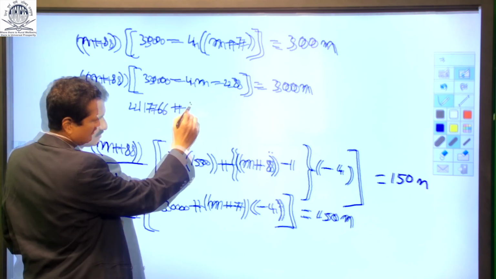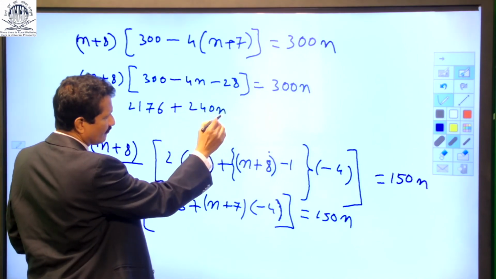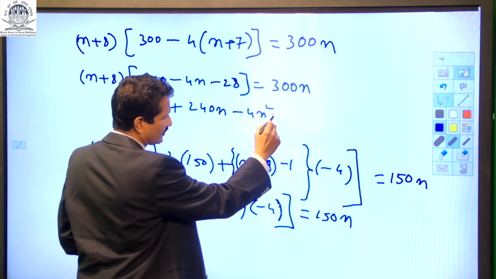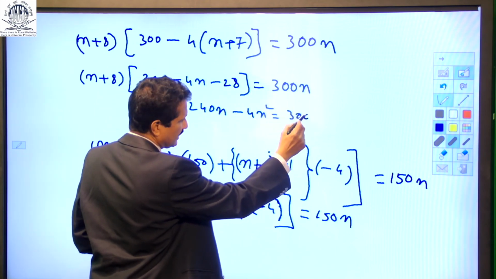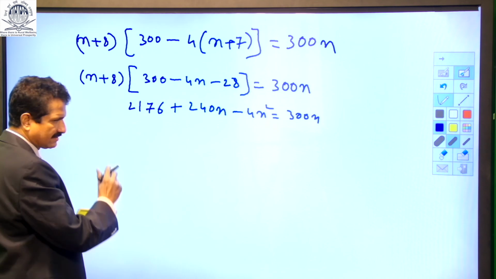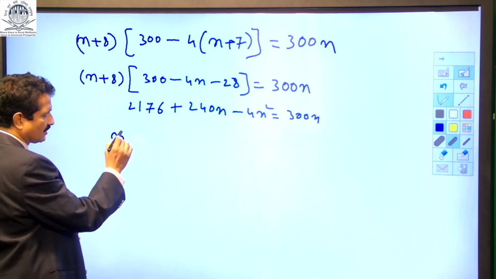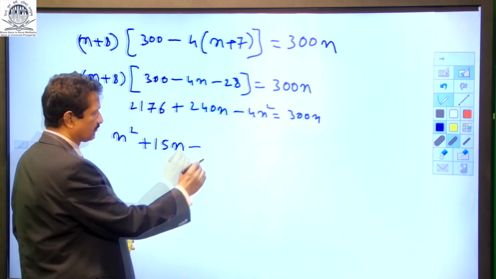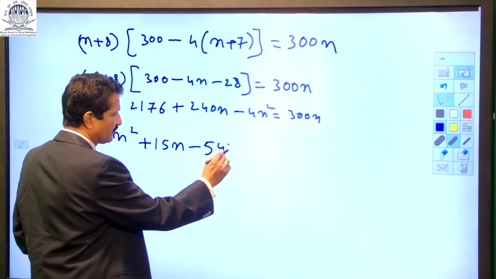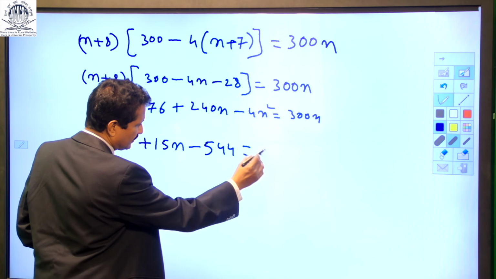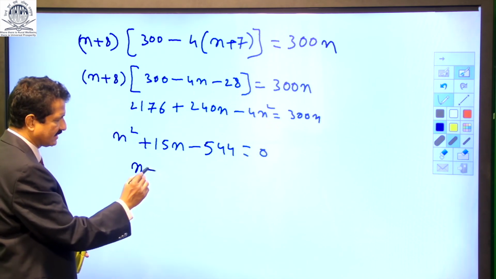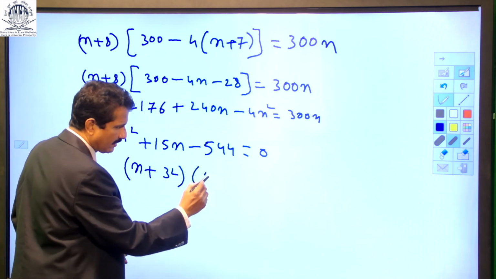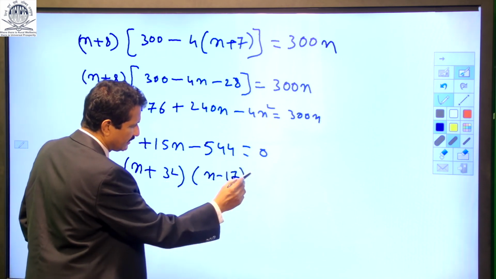So, this gives me 2176 plus 240n minus 4n square is equal to 300n. I get an equation. On solving this, n square plus 15n minus 544 is equal to 0. On solving this, we get n plus 32 into n minus 17 is equal to 0.